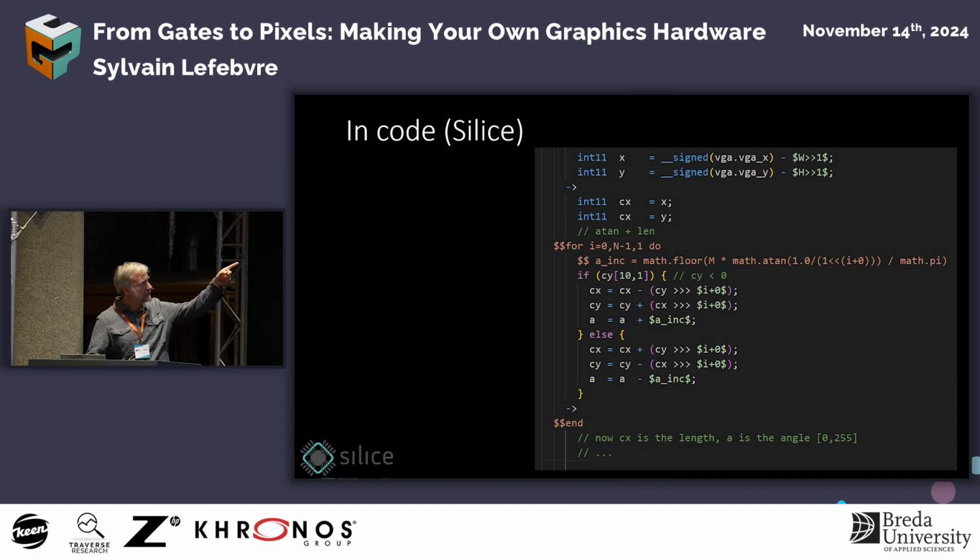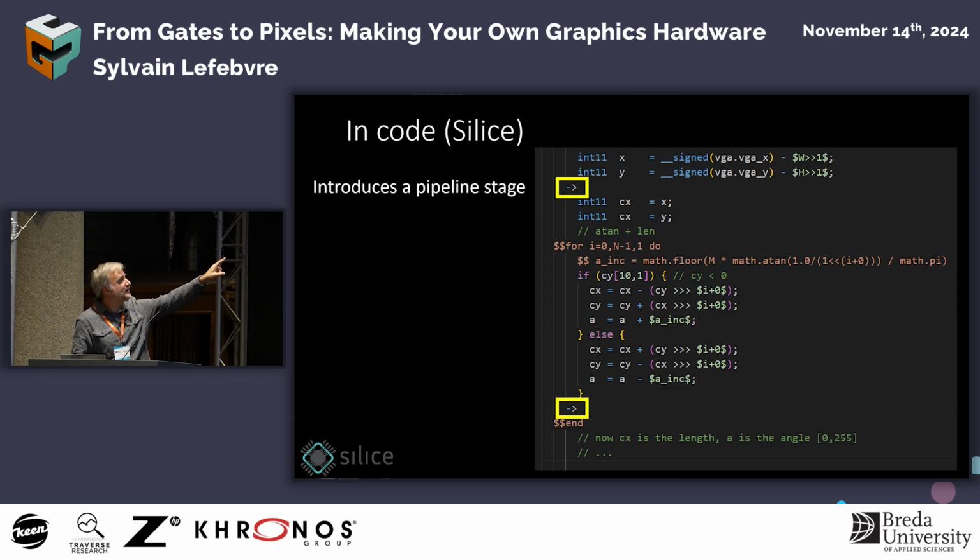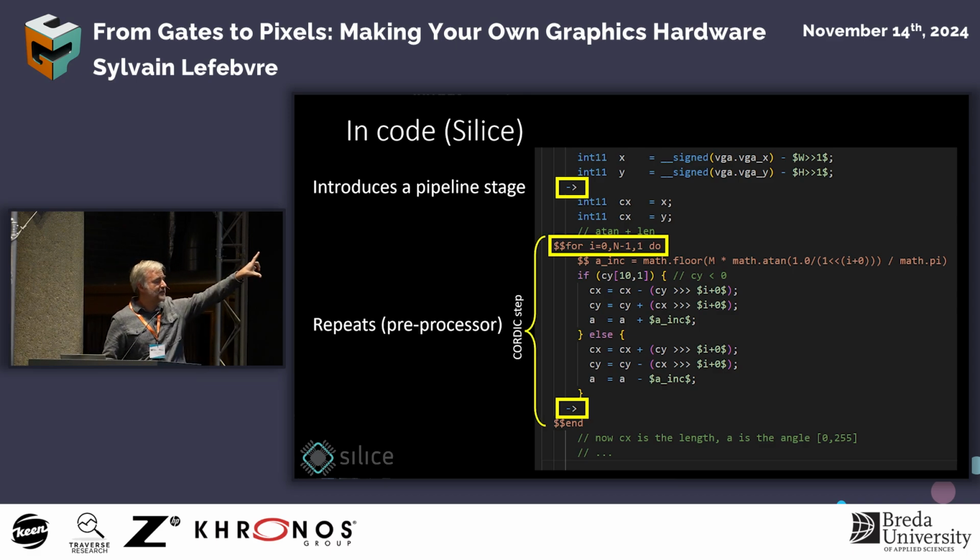So this is, in my language, CDIS, where one of my goals was to simplify writing pipelines. So here you can see the arrows which are saying enter the next pipeline stage, right? And it will automatically do the piping of the variables throughout the different stages. Now you can also see a little bit of preprocessor here, which is repeating these stages, so unrolling the loop so that it creates the entire pipeline with all the iterations you want, and so you can very easily configure the number of stages in the pipeline.